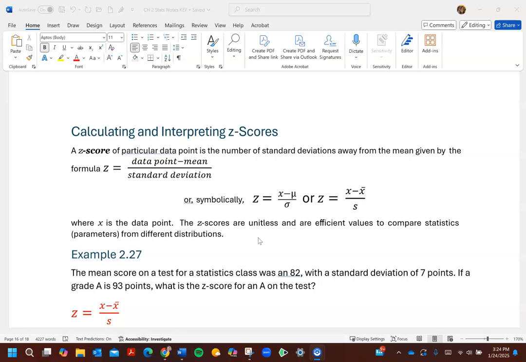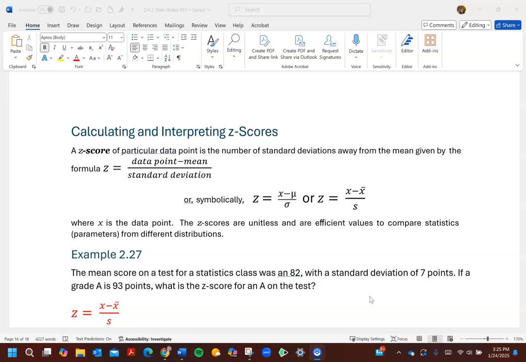They're just unitless, and they're efficient values to compare statistics, or parameters if it's a population, from different distributions. So for this example, we'll just see what the z-score is, and then we'll do a few more to compare some different scores.